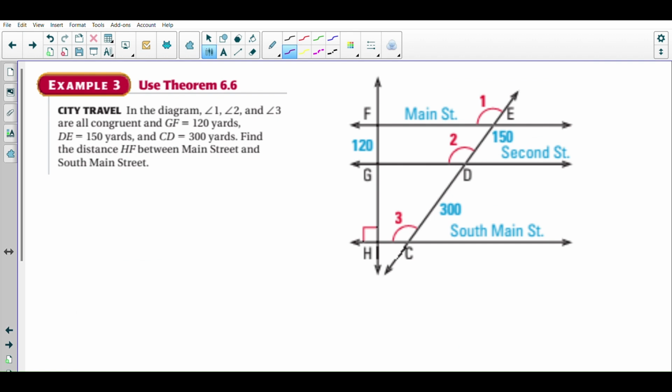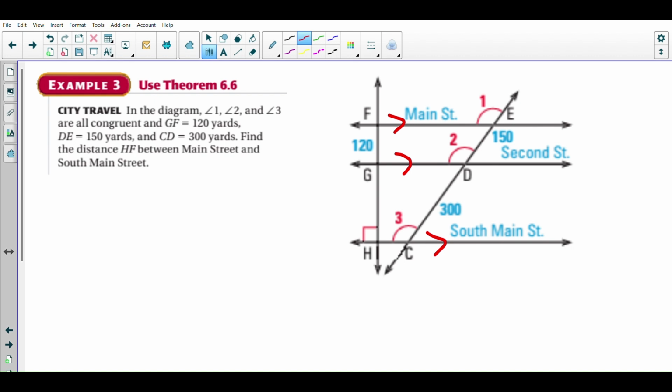So here we go, this is the first theorem, Theorem 6.6. If in the diagram angles 1, 2, and 3 are all congruent, that tells us we have parallel lines because they are corresponding angles. That's all it tells us.